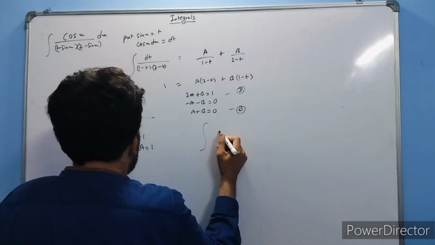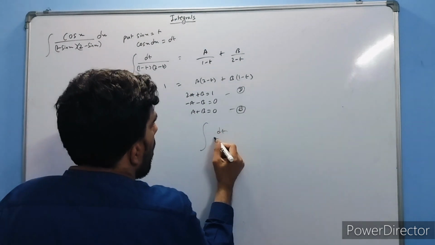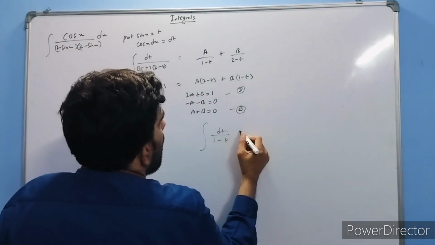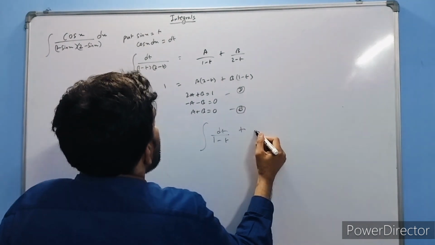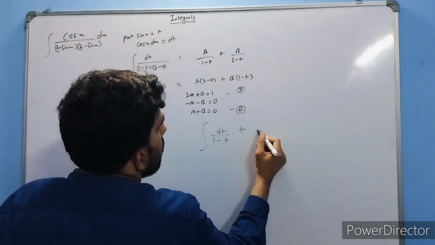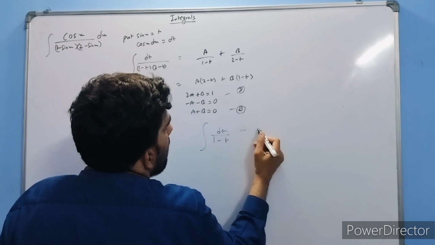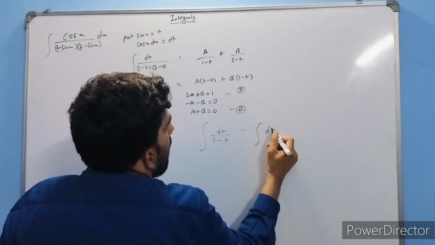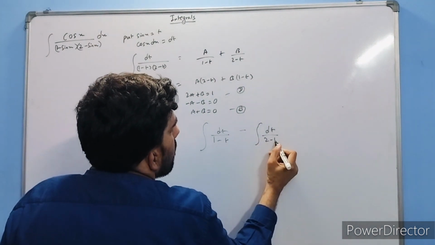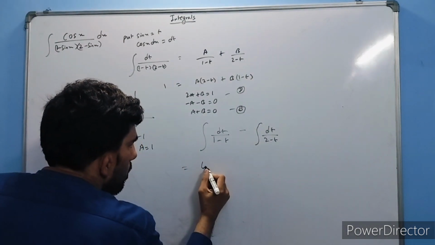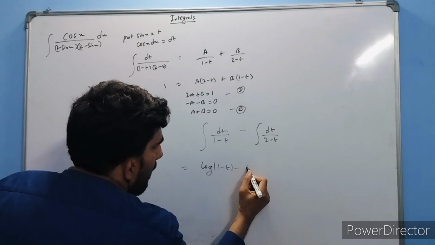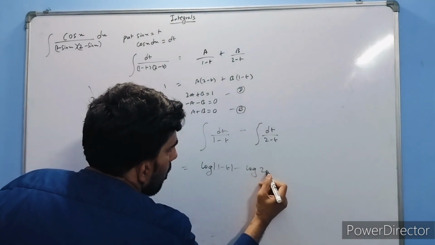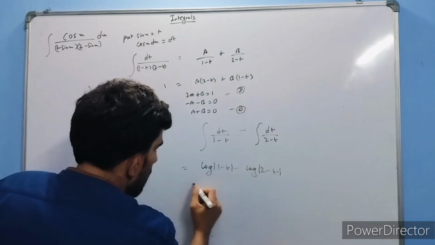We'll put here dt upon 1 minus t plus, what is b here, b we have minus 1, so it will be minus dt upon 2 minus t. So I got log of 1 minus t minus log of 2 minus t.